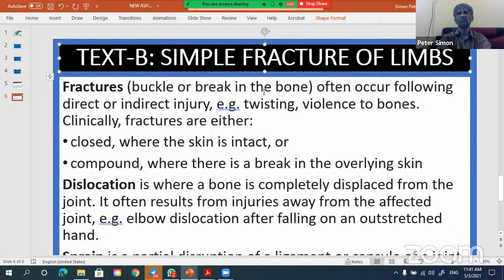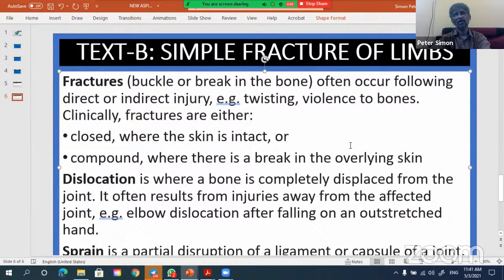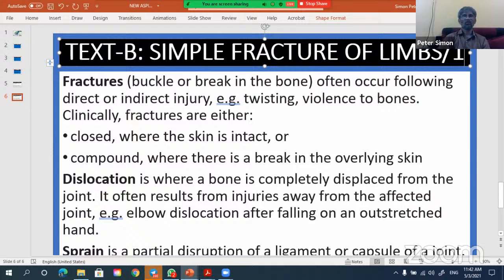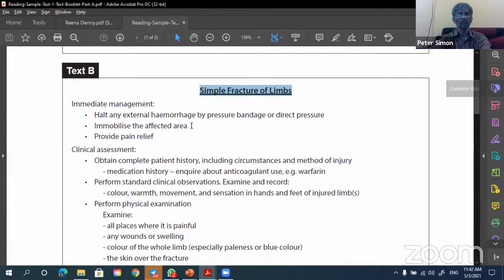Text B is related to simple fracture of limbs. Now here, let us take it one by one. One by one means we'll make it into 2 or 3 slides, because all of them together we cannot.